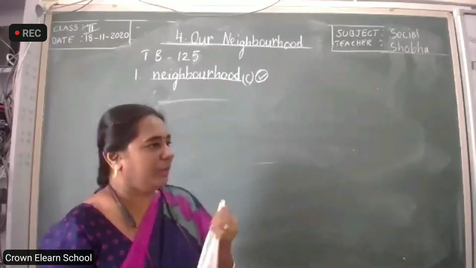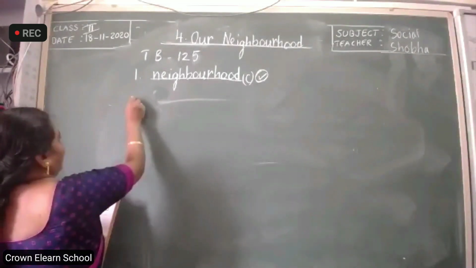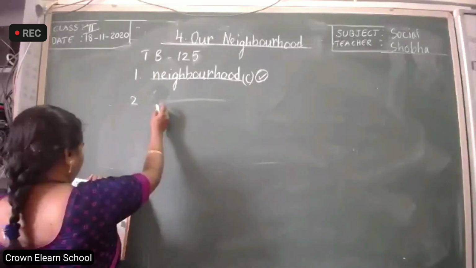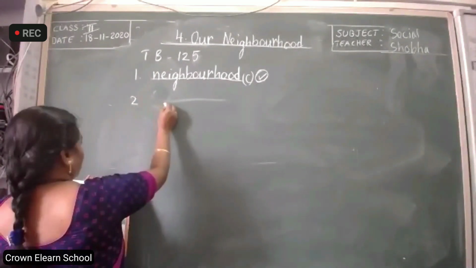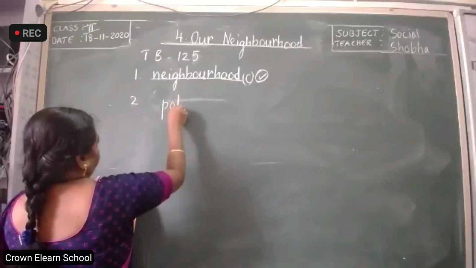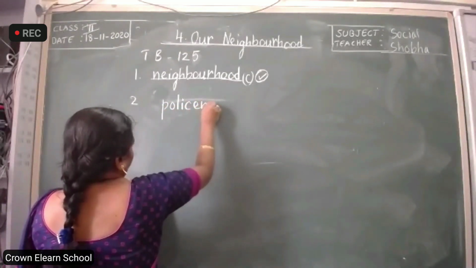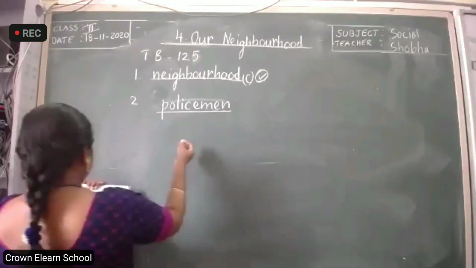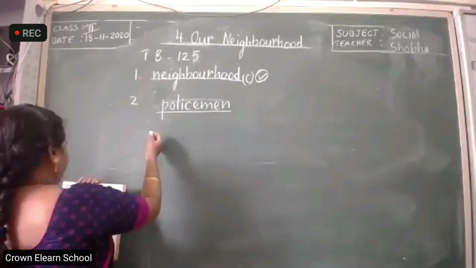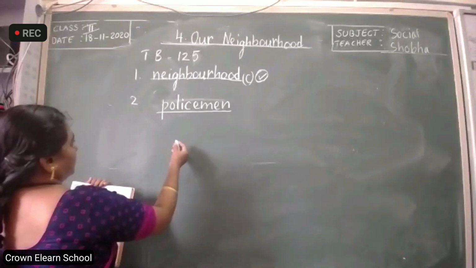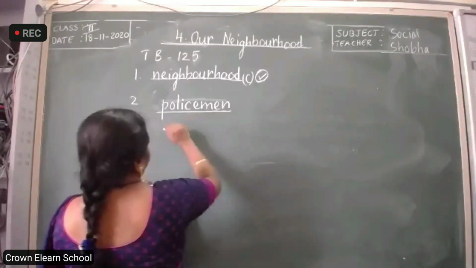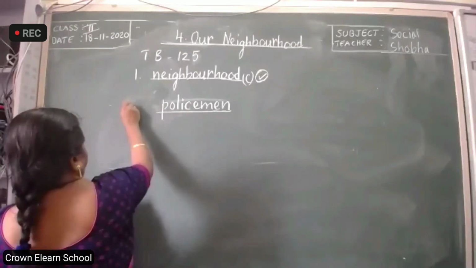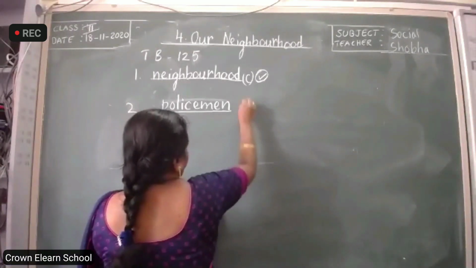Policemen. Okay. So here, second one, though blank is not given, but you can write after the question. Policemen. So write the spelling correctly, children. So B is the correct option. B. Okay. Underline and tick it. B.